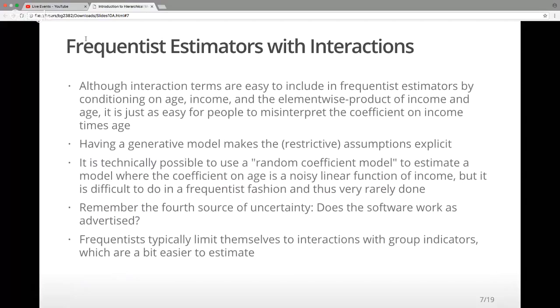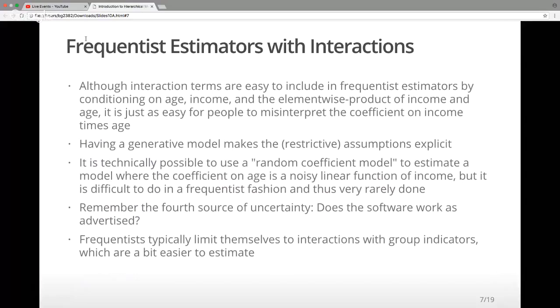So frequentists, or people who use frequentist methods, will typically limit themselves to interactions with group-level indicators rather than interacting multiple continuous variables together, or adding noise to a continuous coefficient on a continuous variable.